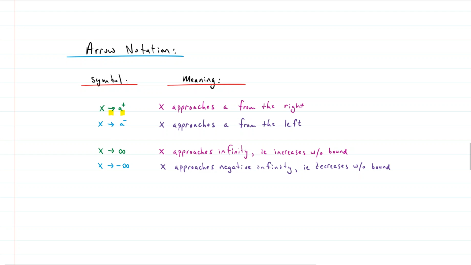X approaches A from the right, so you're starting from above. So say if A is 5, then maybe you go 7, 6.5, 6, 5.5, and you're approaching 5 from the right side of the number line.